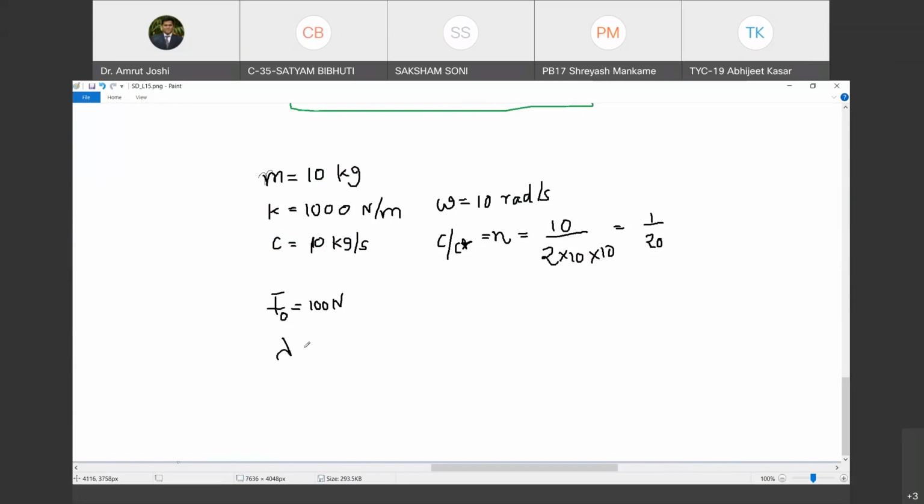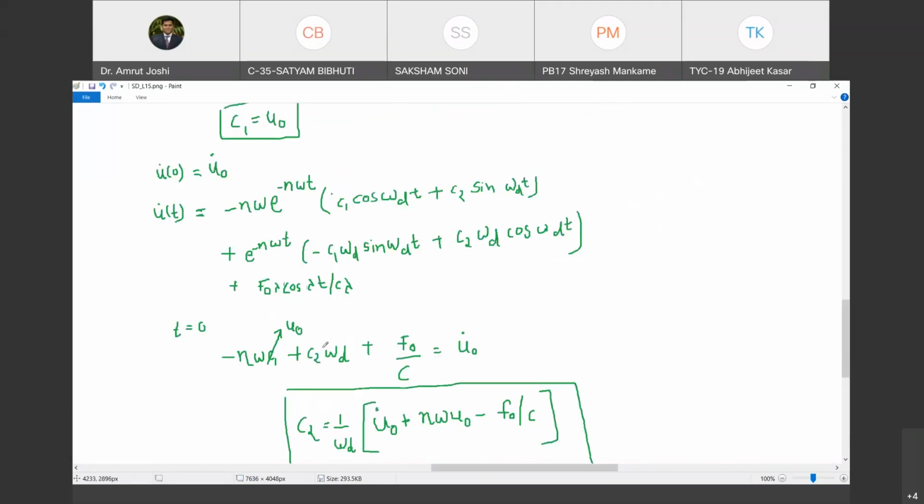And lambda, we are trying to take it close to omega, so that is equal to 10 radian per second. So for this, what is the response of the system? U of t. And let us say U0 is 0 and U0 dot is also 0. That means the system has started from rest.